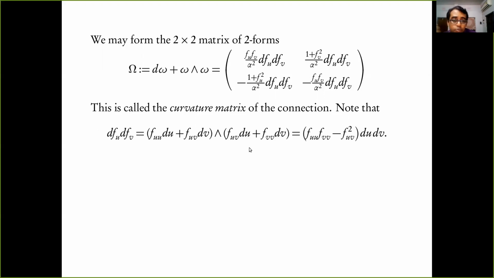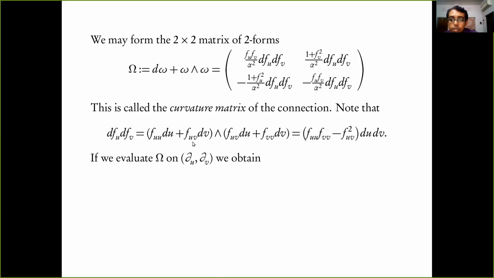That's because du wedge du is 0, dv wedge dv is 0. So up to a sign change, you only have du wedge dv, and this is the factor. So that's good. This is the determinant of the Hessian, and whatever else that was showing up here was precisely something that was appearing in the denominator of the Gaussian curvature, right? So we're getting closer to something.